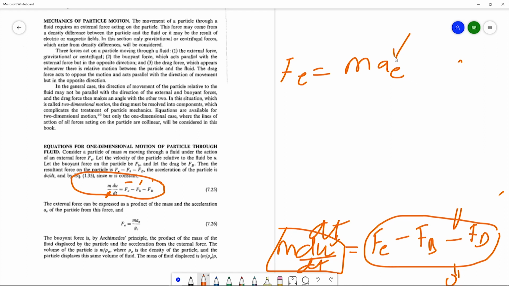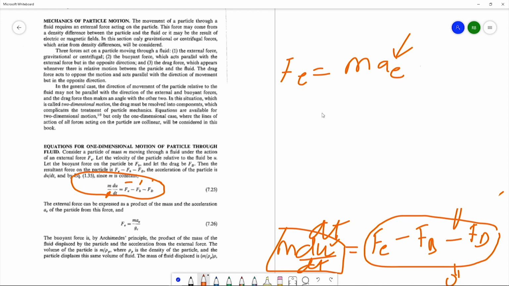So this acceleration can be anything. It can be due to the gravity, then you can simply write mg. If this is because of centrifugal force, you can write omega square r. Okay, we'll come to that part. So for simplicity, we'll derive the general equation. So this is mass into acceleration due to external force, m A_E.